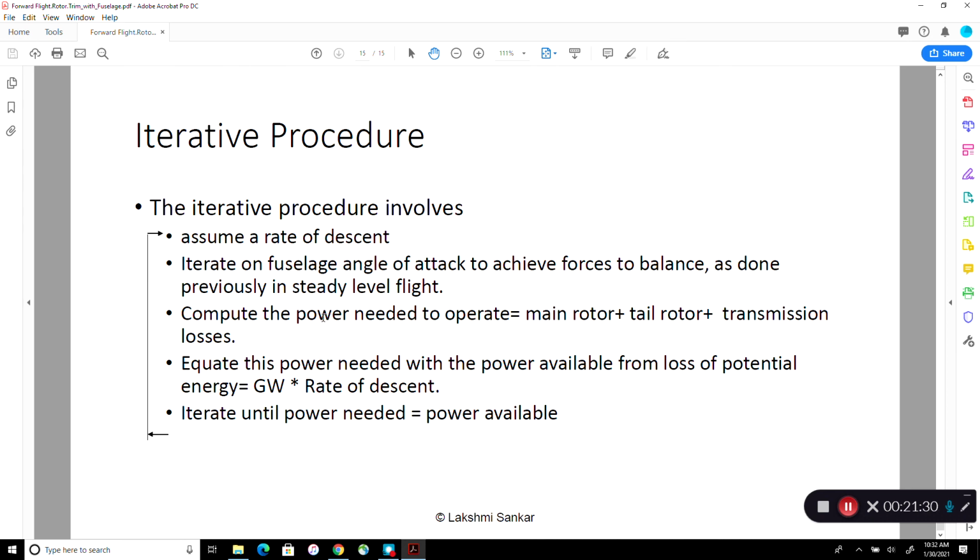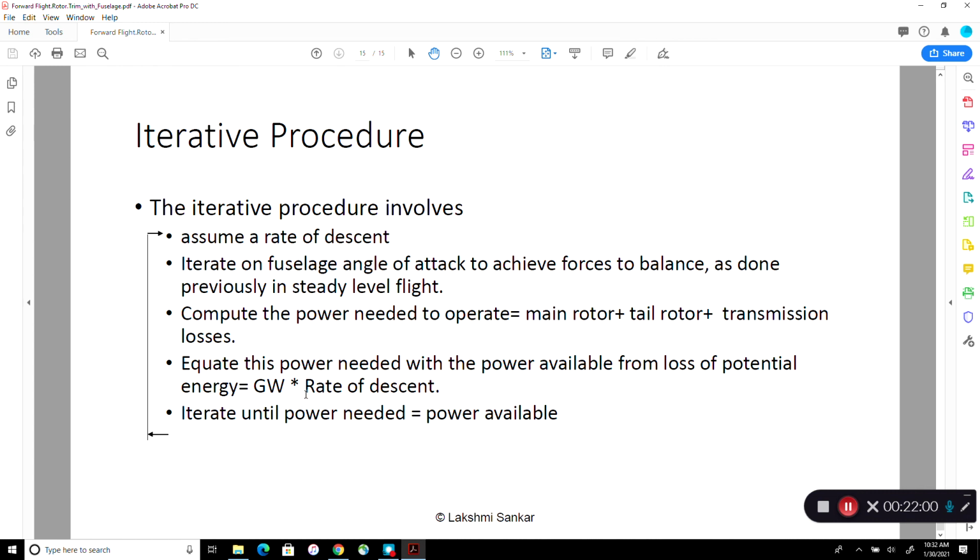Now once you have the power needed from the main rotor plus tail rotor plus transmission losses, this power needed is supplied by loss of the potential energy. So if you divide this total power by gross weight, you'll get the rate of descent. So you assume the rate of descent, you got a new rate of descent. So repeat this process until power required equals power available, and your rate of descent converges.